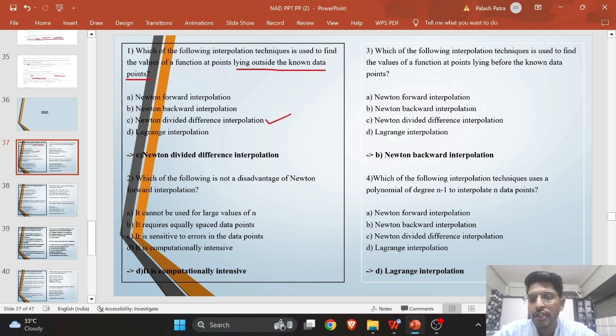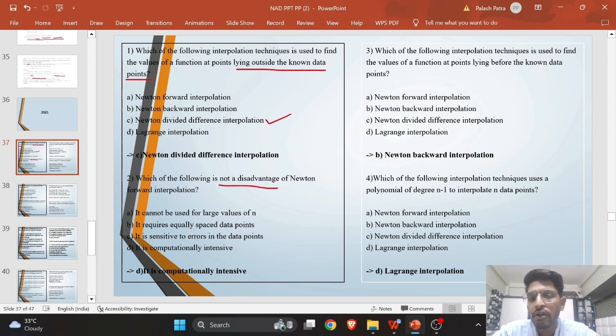The second question is, which of the following is not a disadvantage, which means we need to find the advantage of the Newton's forward interpolation technique. The first option says it cannot be used for large values of n, and it is true, as it is a disadvantage. The second option says it requires equally spaced data points.